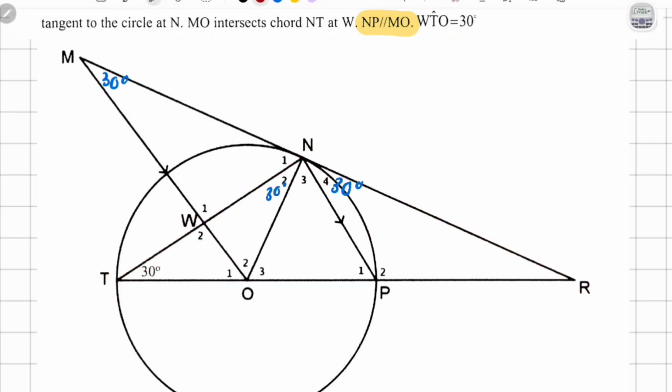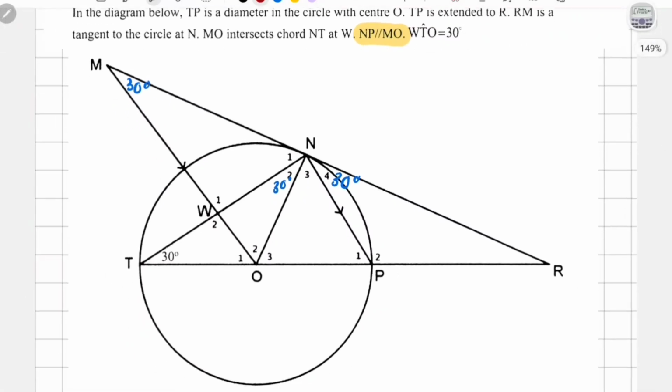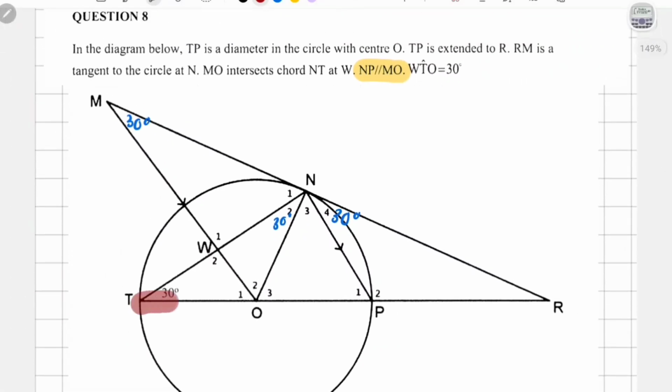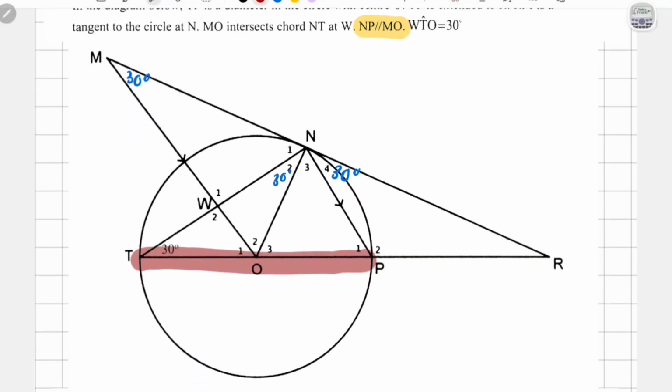I see that they gave us a diameter. I'm remembering that they gave us a diameter. This is a diameter. And that's why you see the context is very important. Always go back to it if you feel lost. So since this is a diameter, it means that the angle supported by the diameter in this circle is going to be 90 degrees.